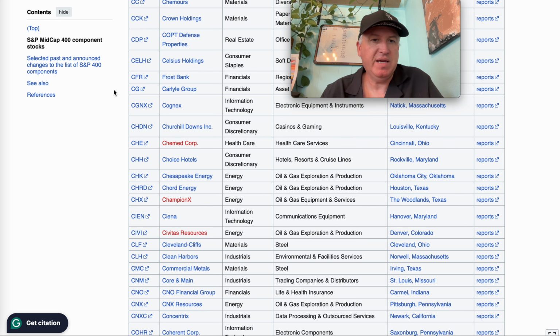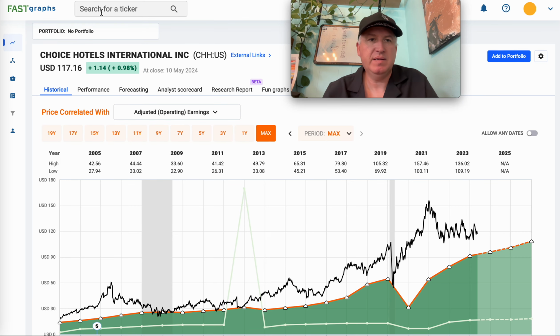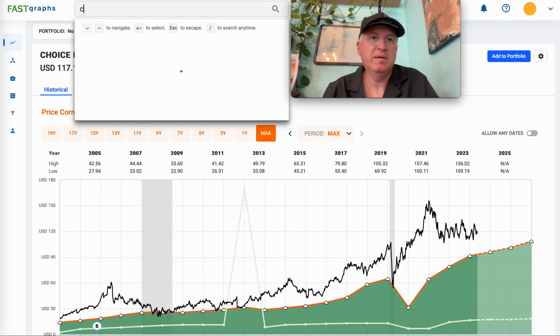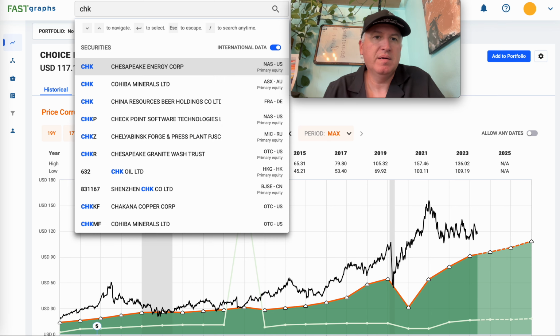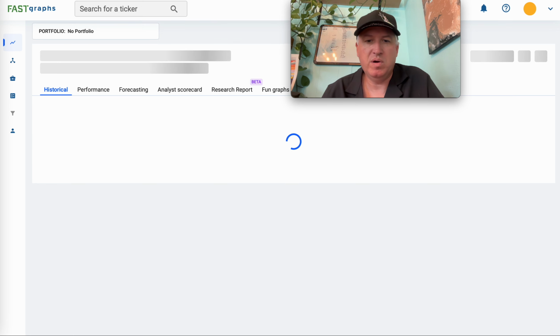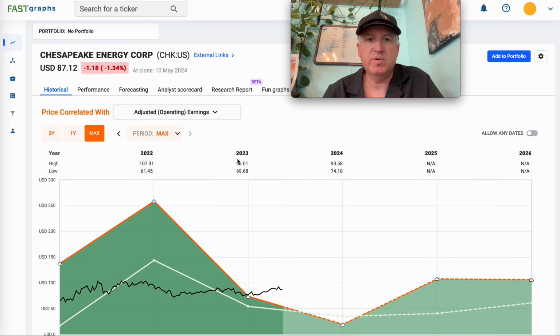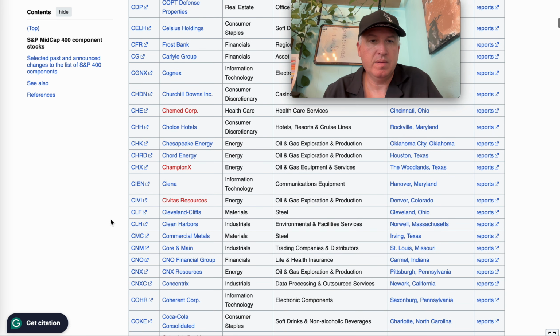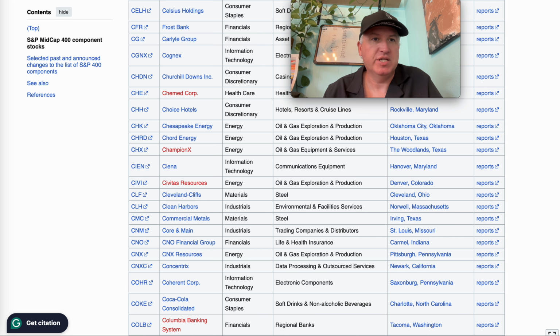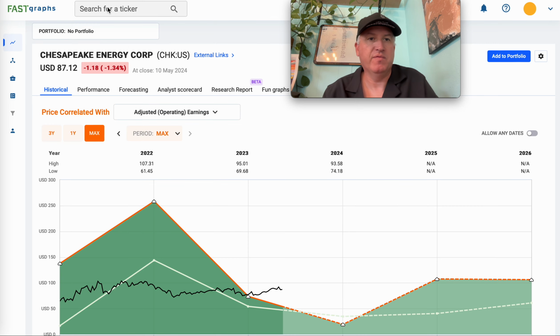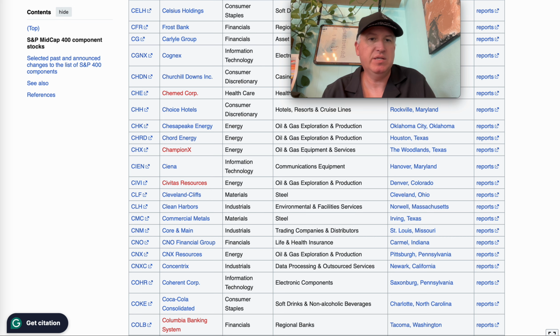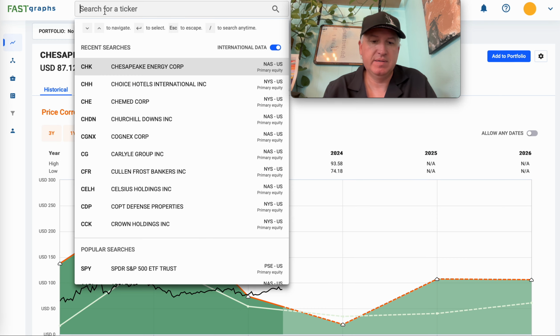All right, Chesapeake Energy, CHK. I'm actually finding a lot more that look pretty good right now. So not enough data on this one. Chord Energy. I actually have not heard of them before. What was it? CHRD.